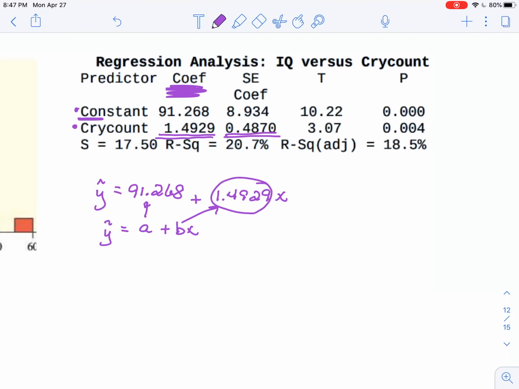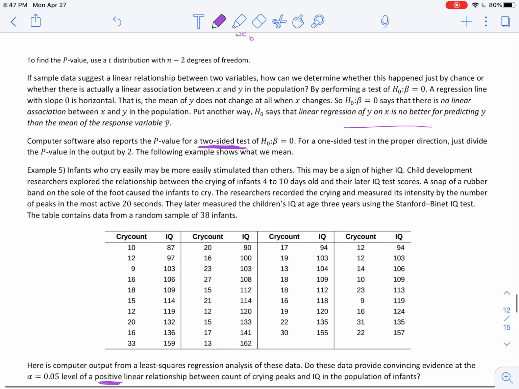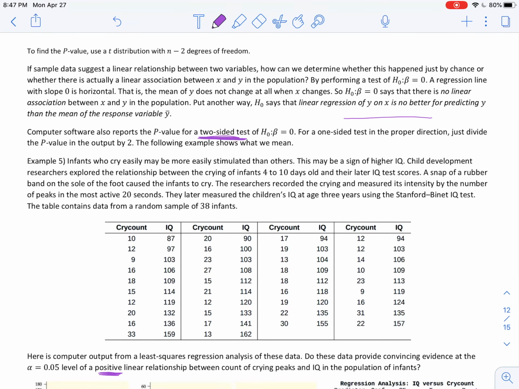When you look at this, if you look up here at the p-value, remember we said this is our y-intercept row, this is our slope row. If you go down to the end of this, you're going to find a p-value for the slope, but it's not the same number that's given to us.